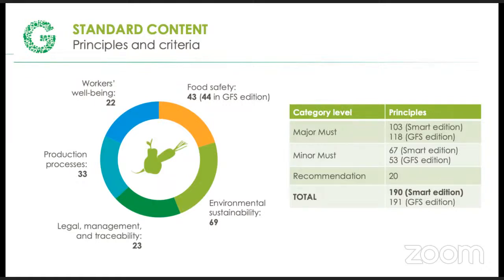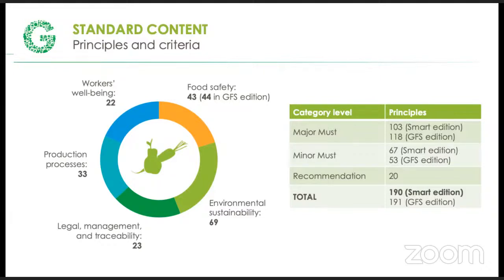And then there are recommendations. So recommendations, again, they won't affect your certification, but it's a good practice. Essentially, they'll tell you this is, and once we get in, you can see that it makes sense. It's a nice to have, but definitely a beneficial thing to do for your farm.